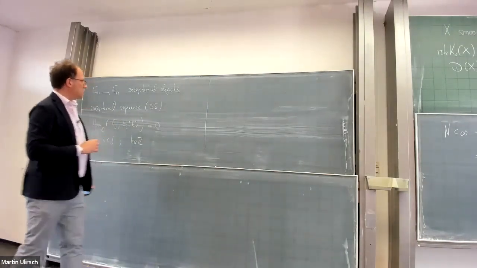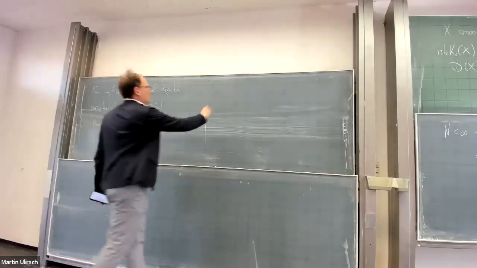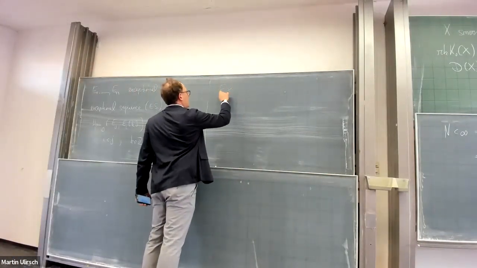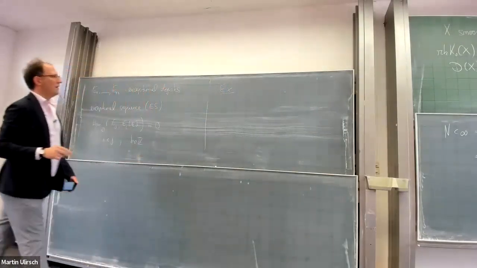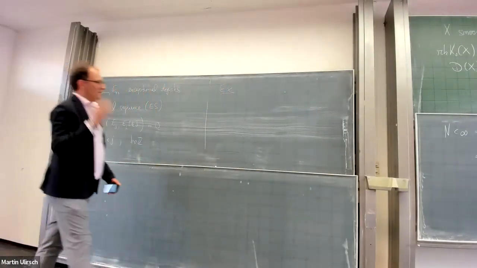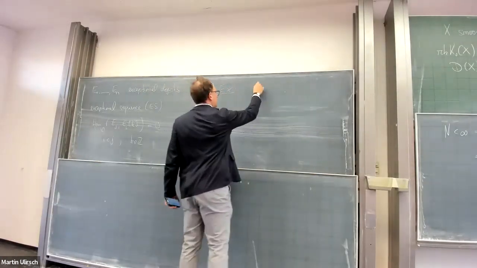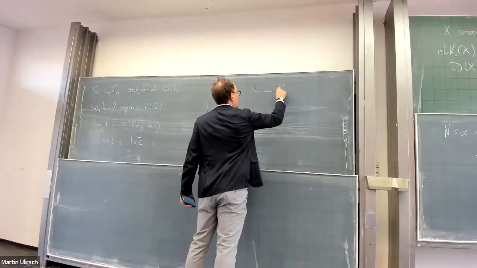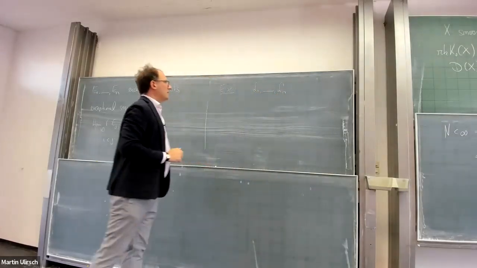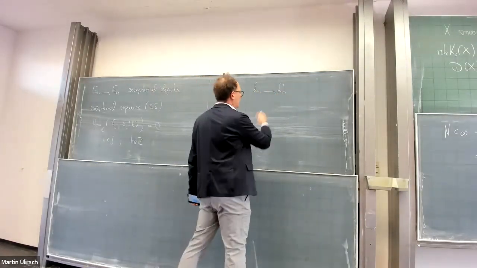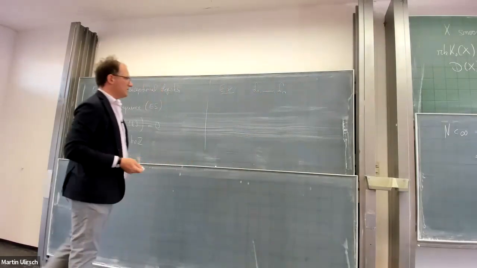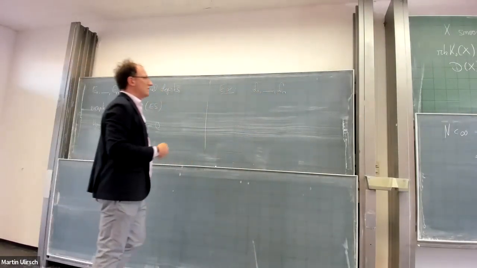It's quite natural. Let us consider line bundles. We have already seen that line bundles are exceptional. What does it mean for us?